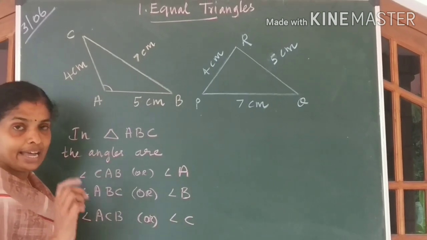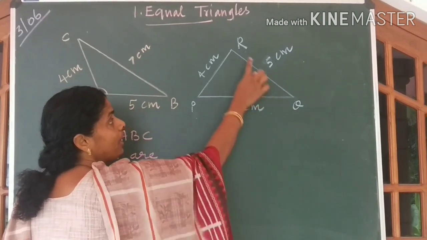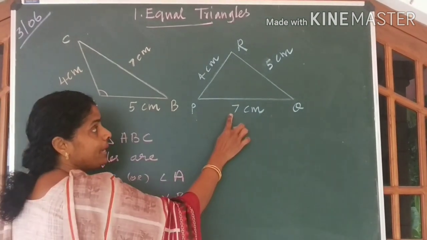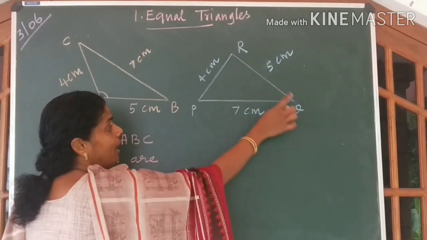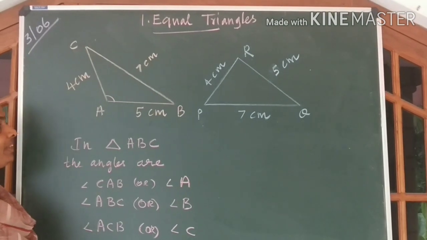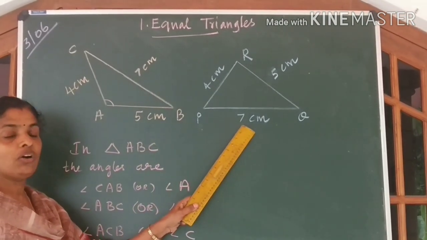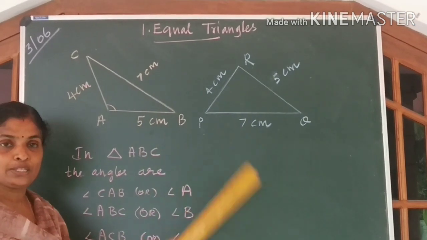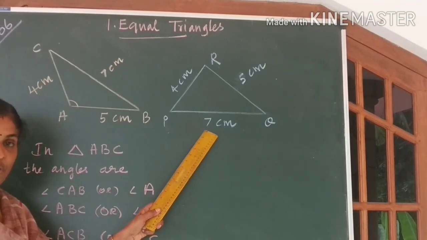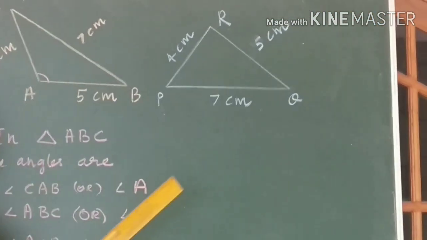Here the angles are angle P, angle Q and angle R. The sides are PQ, PR and QR. Now, what is the similarity or what can you say about these two triangles? These two triangles are drawn with the same length of sides.